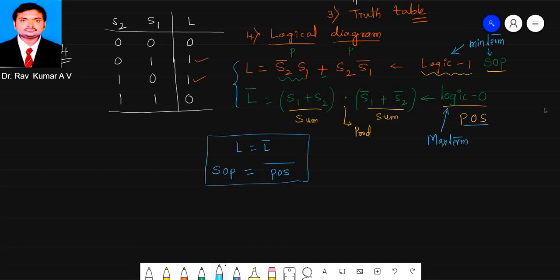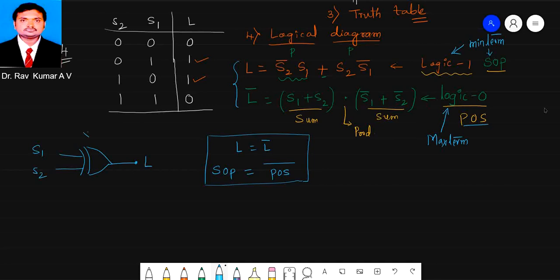Let me write the SOP expression with the diagram. As we know, directly we can see that this is S2 bar S1, that is 0 1 into 1 0. It is an XOR operation. So I can directly write the expression. It is with the input variables, L with the inputs S1 and S2.